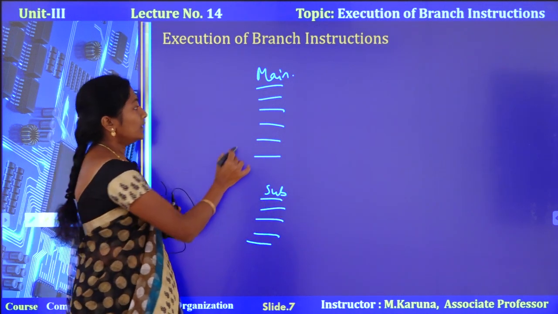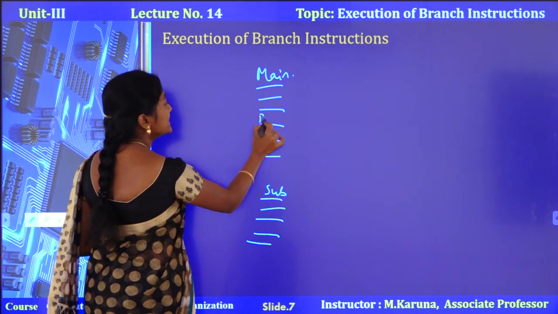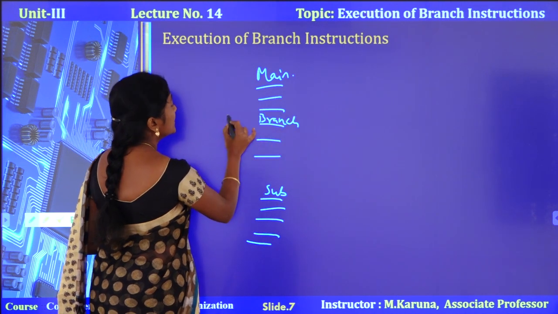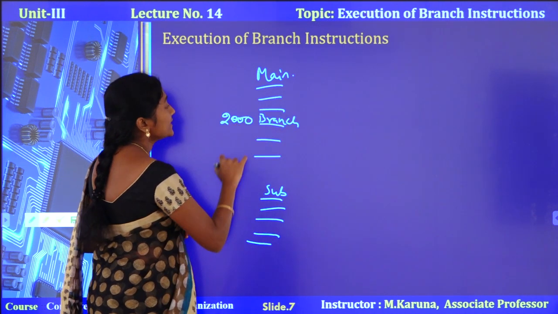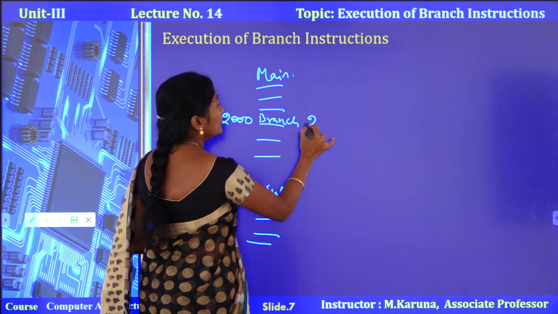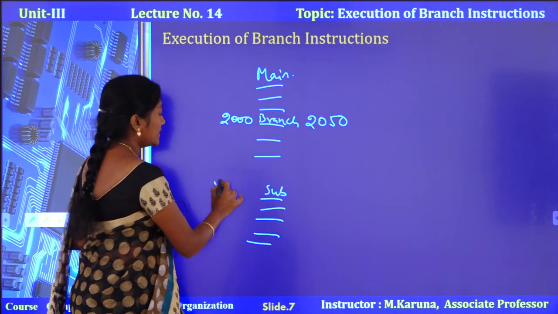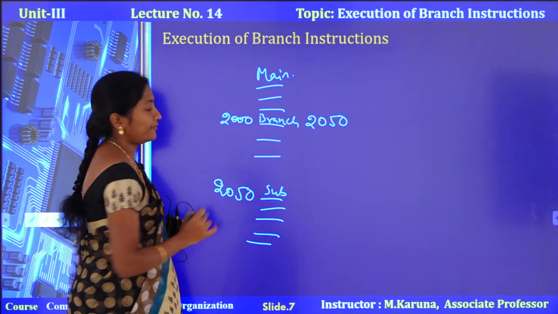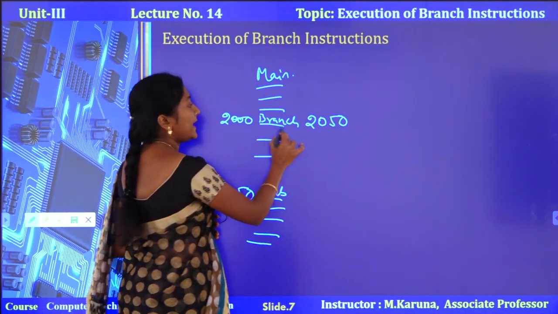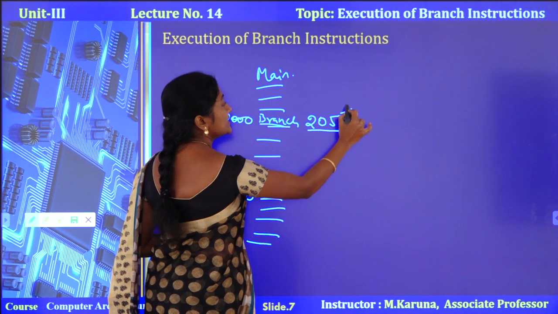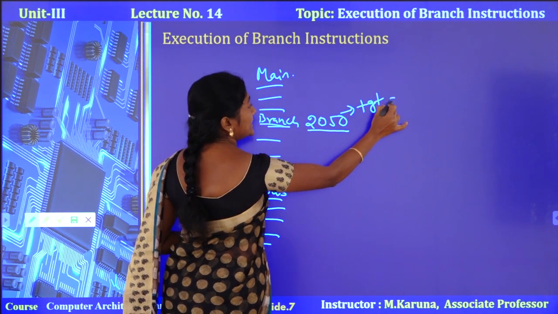Now, here branch instruction is available at 2000 address. Branch to some specified address, that is 2050. So branch to the specified address, this is known as target address.